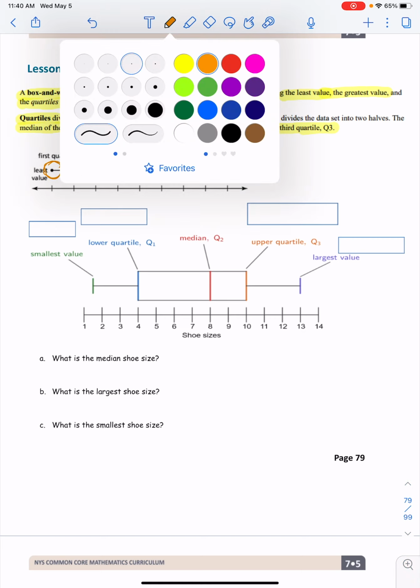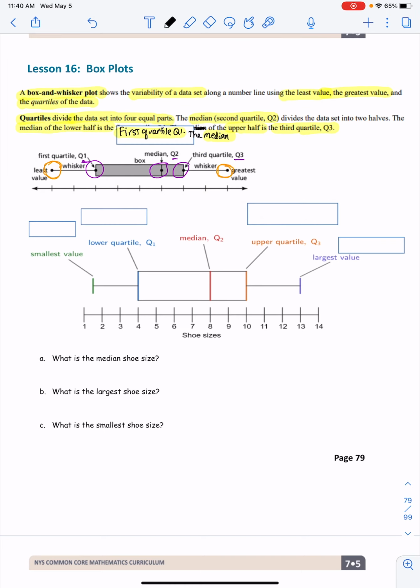So now, if I'm looking at this box plot down here that shows your shoe sizes, from 1 to 14, it says what is the median shoe size?